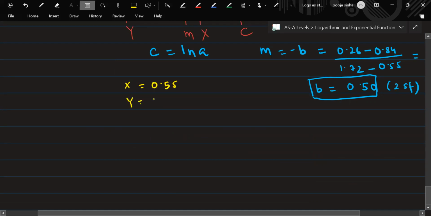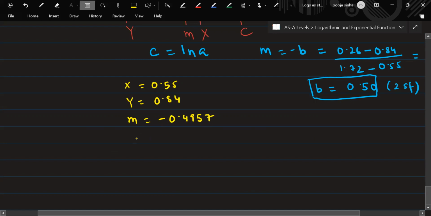Y is equal to, corresponding value for y is 0.84. M we have found out to be, अभी मैं पूरा वैल्यू ले रही हूँ, -0.49. लास्ट में we will round it off.